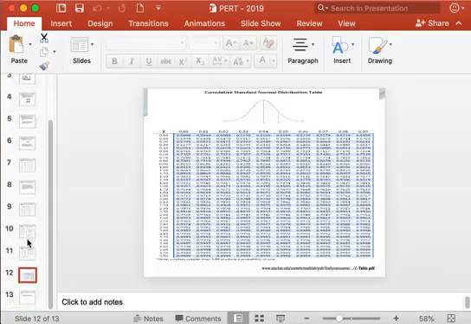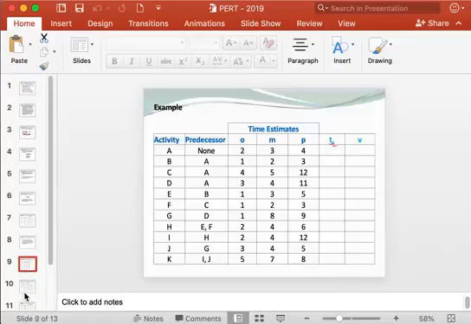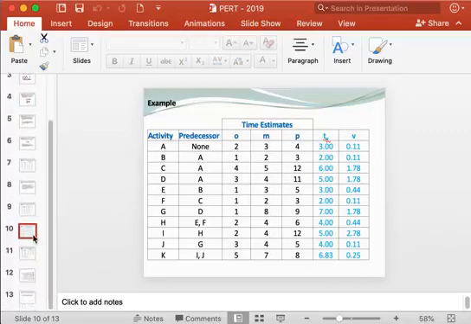The network diagram is not there in this. Then after that, what you can do is use this value of TE, the expected activity duration for each activity.